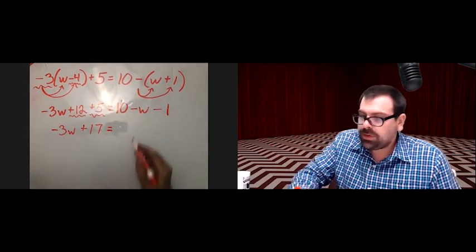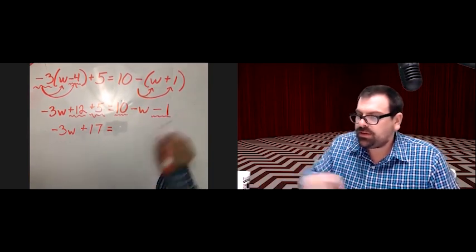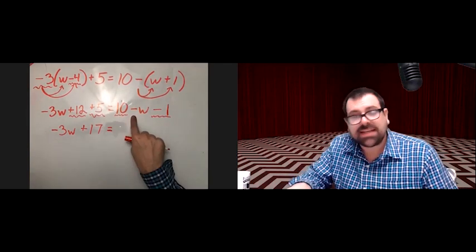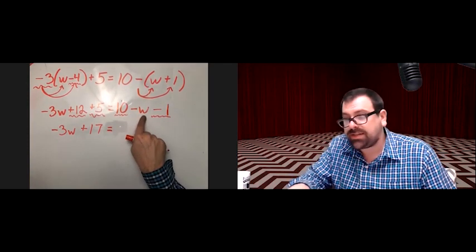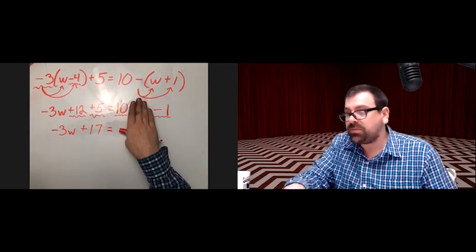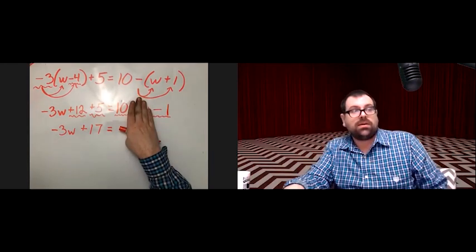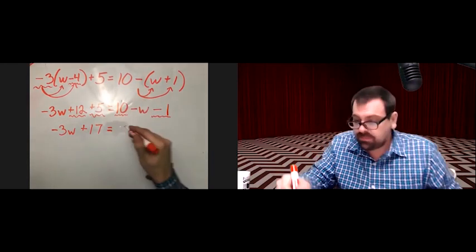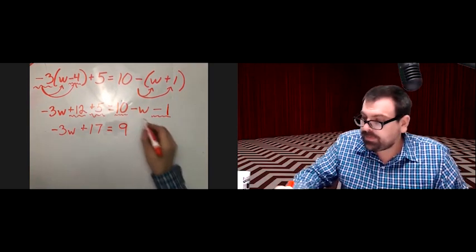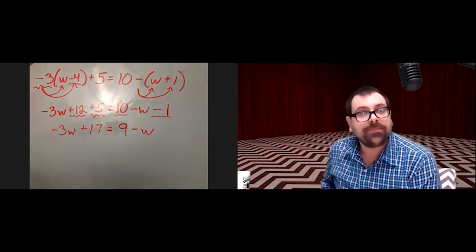Over here, we got a positive 10 minus 1. This minus has nothing to do with it. That minus goes with the w. These are not w terms, so that might as well not be there. 10 minus 1 is 9, positive 9. And then that minus w carries down.